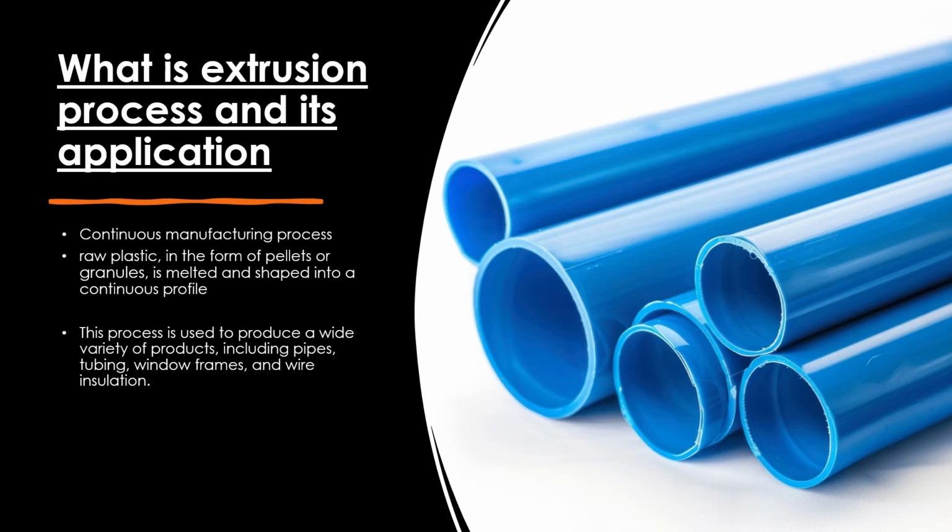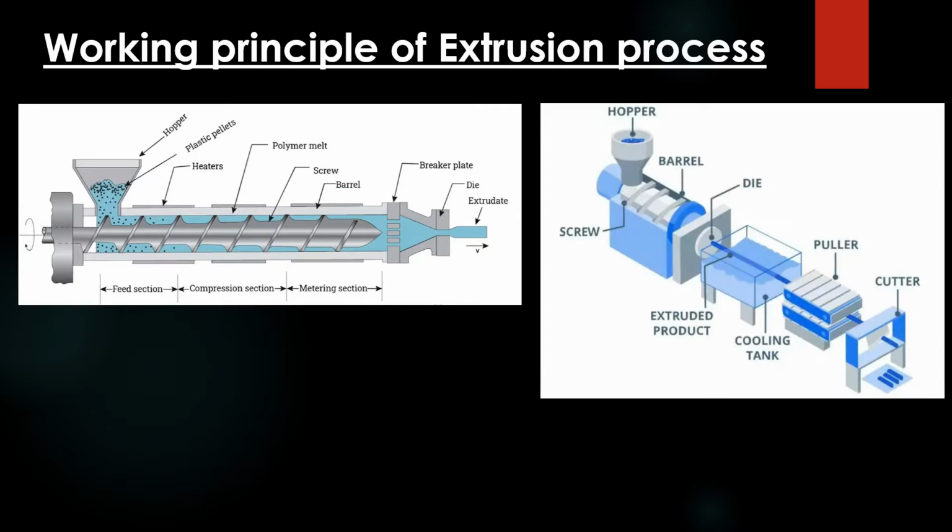This process is widely used for creating different types of sections like rectangular or circular pipes, tubing, window frames, and also for wire insulation. Let's understand its working principle, and then we'll move forward to the applications of this process.